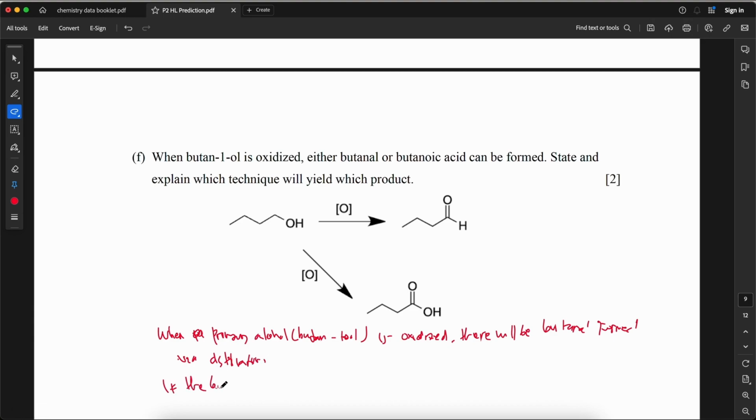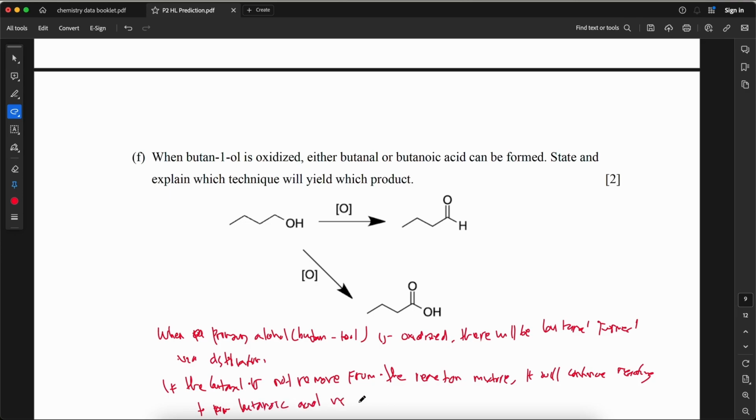If the butanal or aldehyde is not removed from the reaction mixture, it will continue reacting to form butanoic acid via reflux.